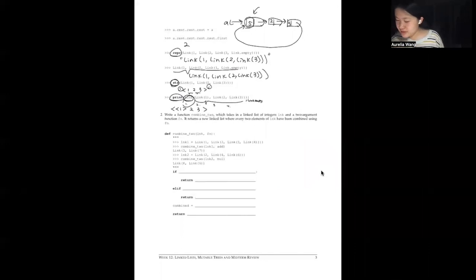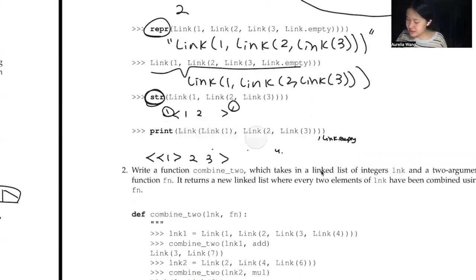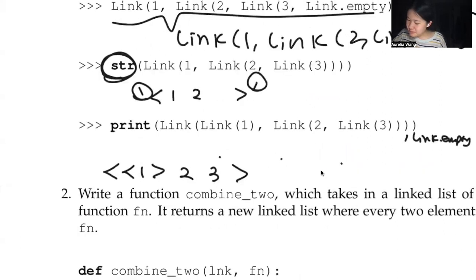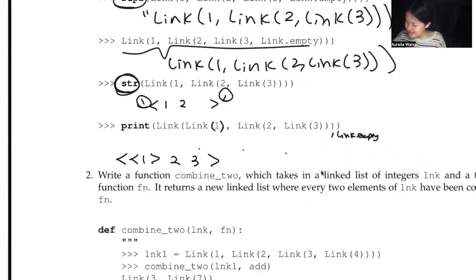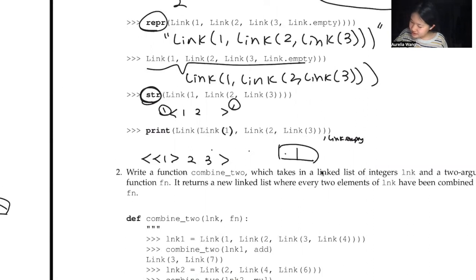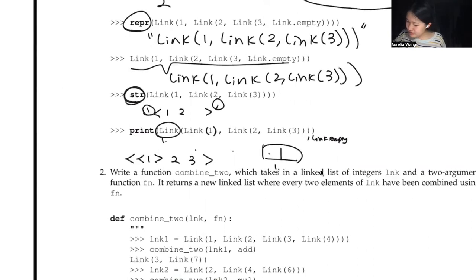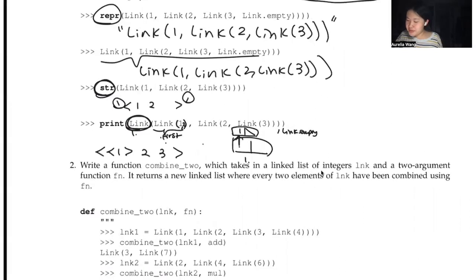Sorry for messing up the link representation. I noticed it later, but there was a bracket here. So real quick, there's going to be a first link object that represents this one, and then a link 1 in the link.first of this link, which is going to be another link object of just 1 in link.empty, because there's no second argument here.